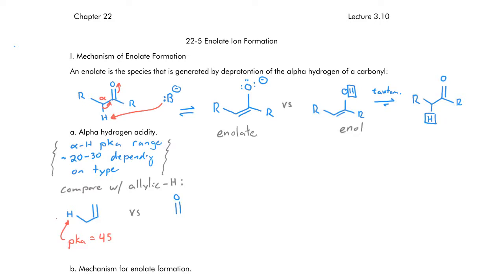You might be asking why he is comparing an allylic hydrogen to the alpha hydrogen of a carbonyl. Well, I think there is a good structural comparison between these two. Notice that the allylic system has a pi bond, but it's between a carbon and a carbon. And of course, the carbonyl also has a pi bond, yet it is between a carbon and an oxygen.